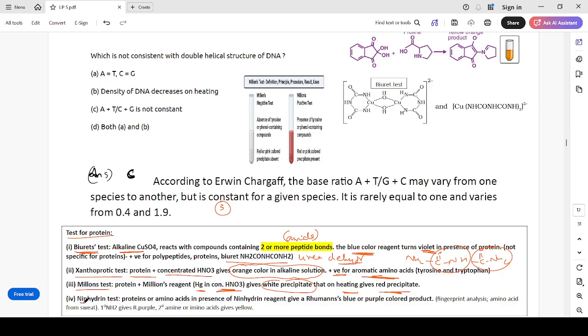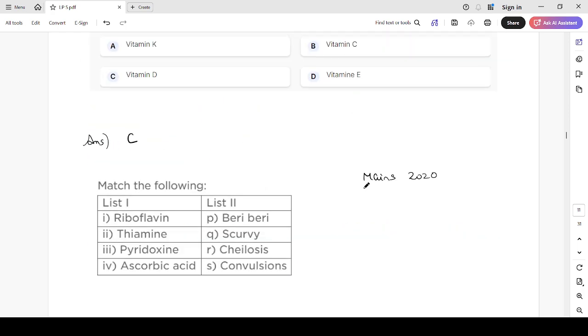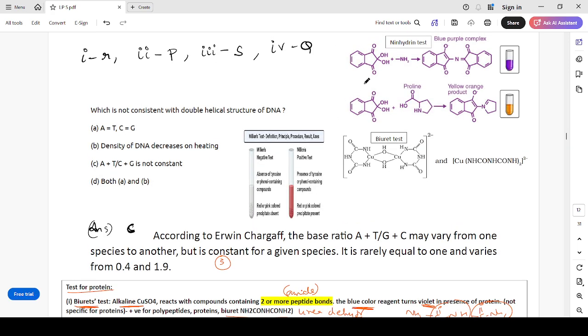Last one, the ninhydrin test. So I am taking a ninhydrin reagent. We have a JEE Mains question asking us to find the correct complex formation of proteins.